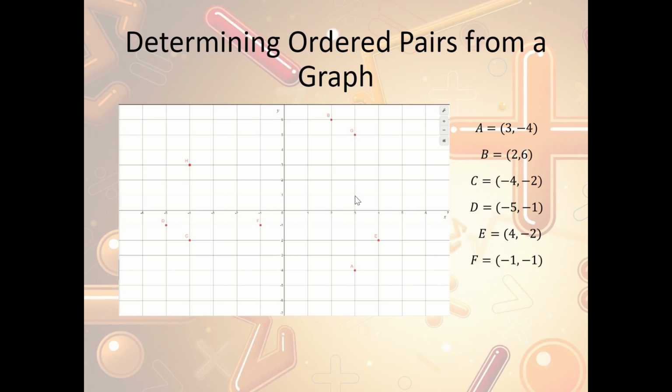And then 1, 2, 3, 4, 5. So 3, 5. And then H is here, which is negative 1, 2, 3, 4. So negative 4 and 1, 2, 3. So negative 4, 3. And so that's how I can look at graphs of coordinates and be able to figure out what their ordered pairs are.